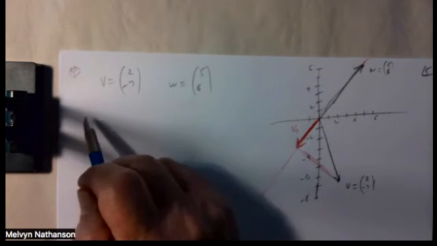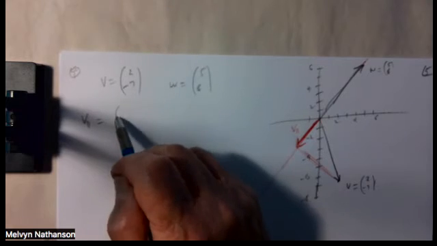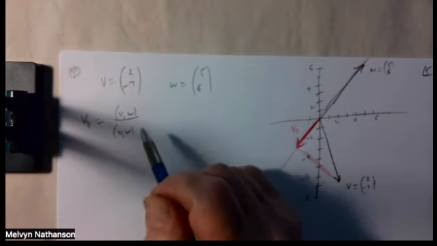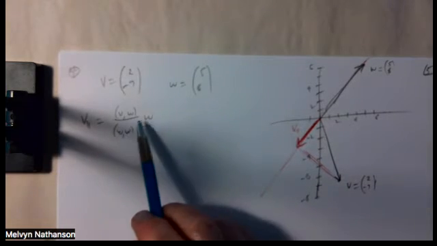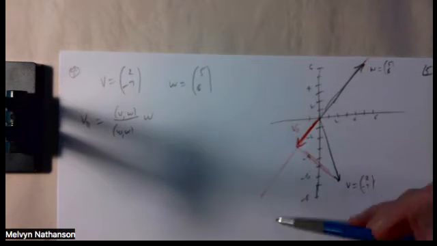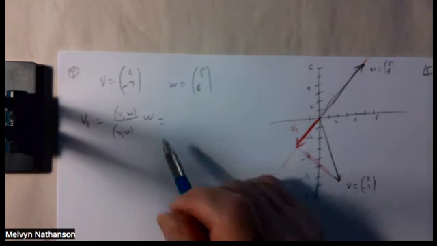That's the problem. So v parallel is the inner product of v with w divided by the inner product of w with itself, times the vector w. So this is a scalar multiple of w, something on this one-dimensional subspace through w. What are these numbers?